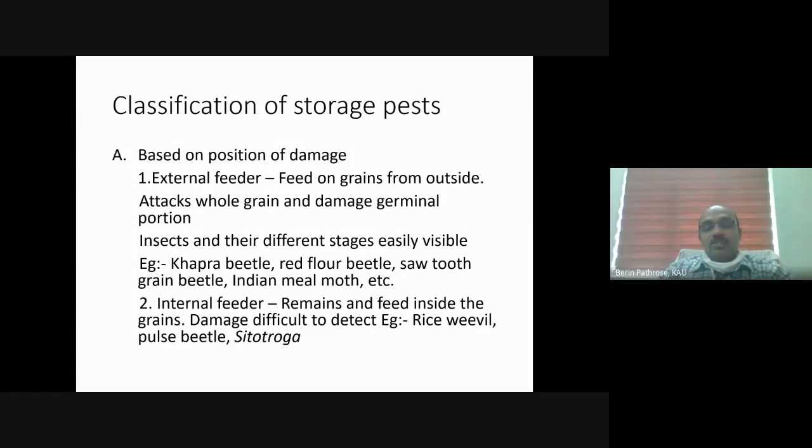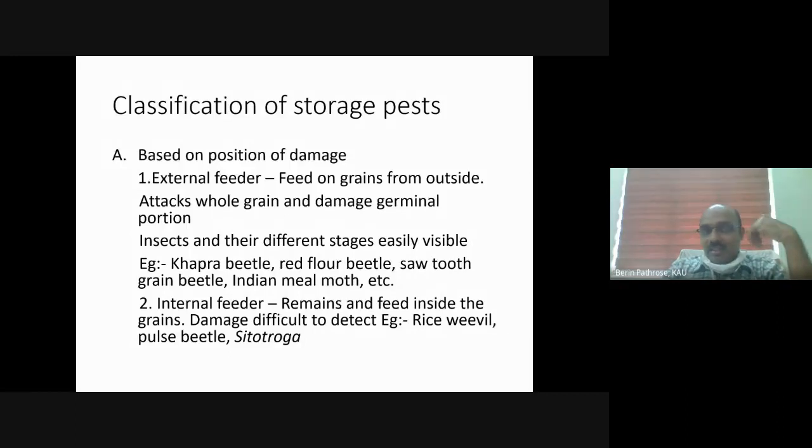Based on the position of damage means whether the insect feeds the grains from outside or inside. That is the position. If the insect is feeding the grain from the outside, that type of insect pest is called an external feeder. And if a pest is feeding the grain from inside the grain, it is called an internal feeder.